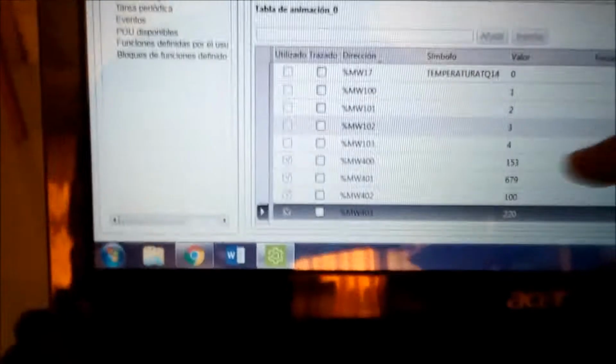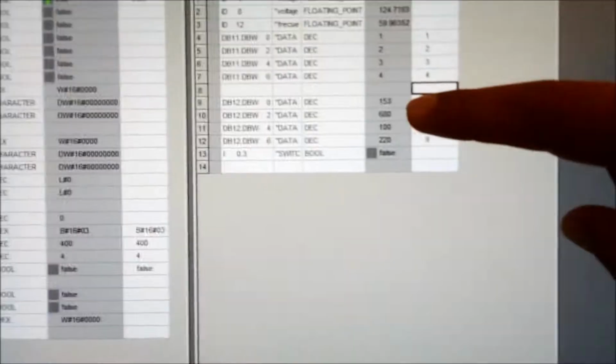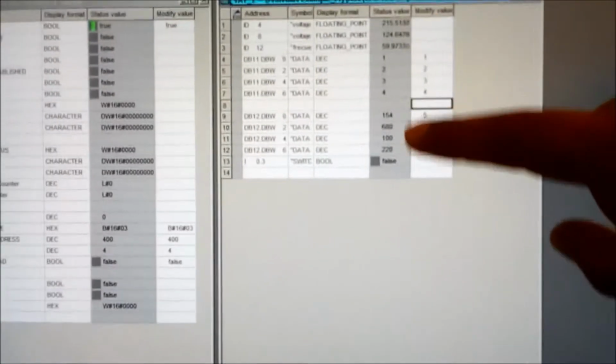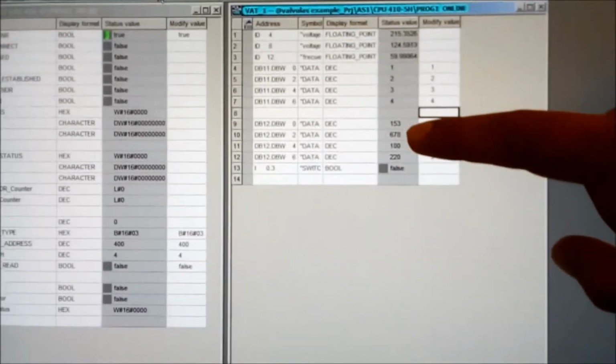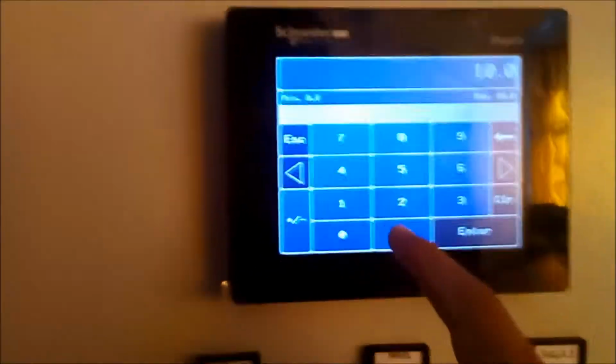And as you can see here, those values appear here multiplied by 10, 15.3, 680. And as you can see here, those values are transmitted and written by the Schneider PLC to the S7-400.